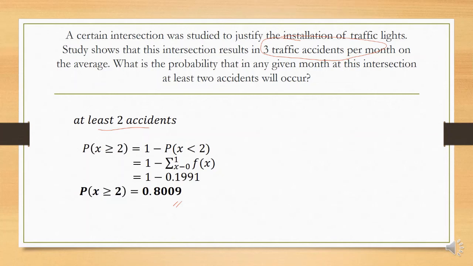So dito, we do not know hanggang saan yung dulo ng i-add natin. Halimbawa, f of 2, f of 3, kukunin natin yung f of 4, etc. We do not know yung limit. So, sa mga ganitong klase sa Poisson, especially, kapag at least 2 siya, or at least 5, at least 6, ganyan, the only option for you is to read the table.